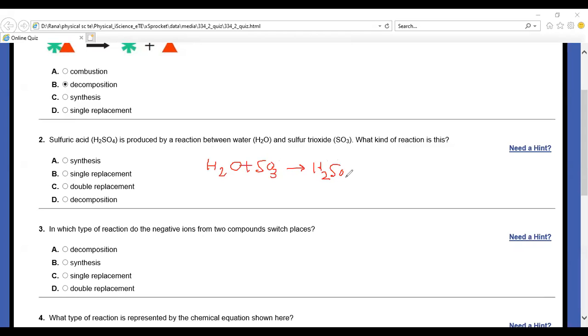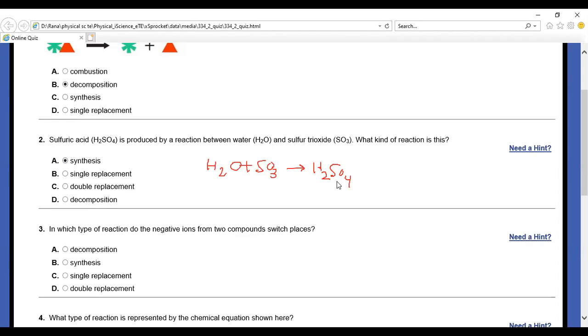So what is this kind of reaction? Two reactants just producing one product. Yes, Usama? A, synthesis. Water combines with sulfur trioxide to produce sulfuric acid.